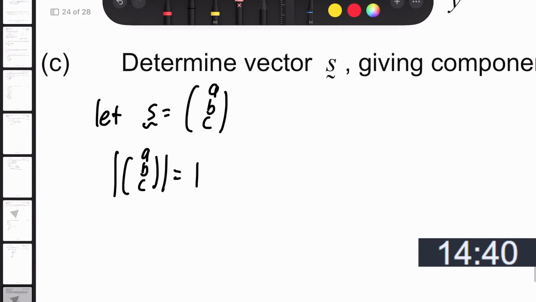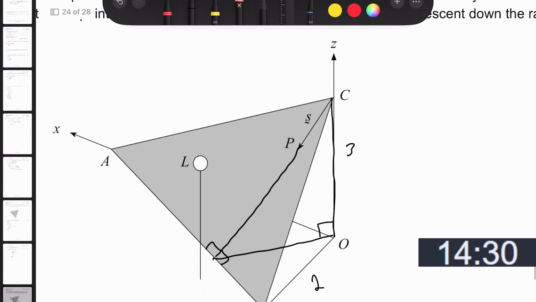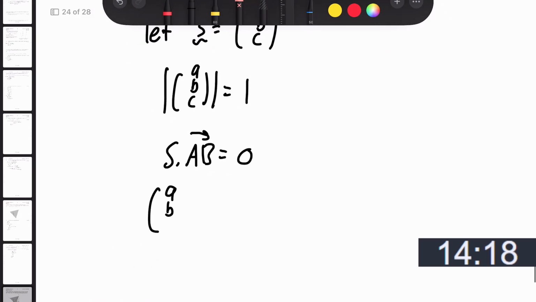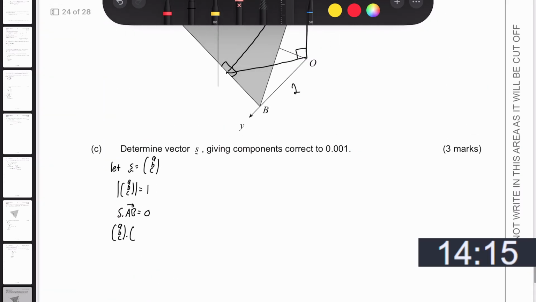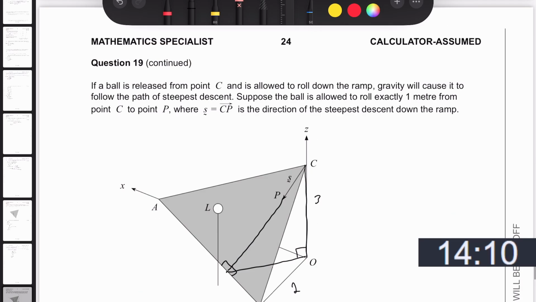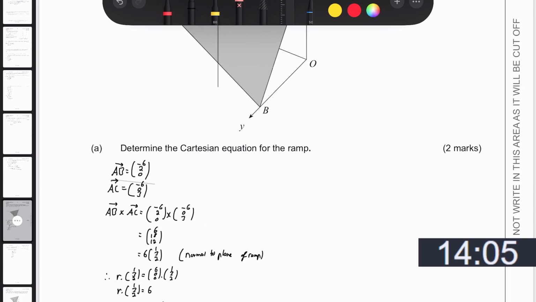So that S dot A to B is going to equal 0, or the direction of it. So let's say that (a, b, c) dot the direction vector, which follows A to B, is (negative 6, 2, 0).